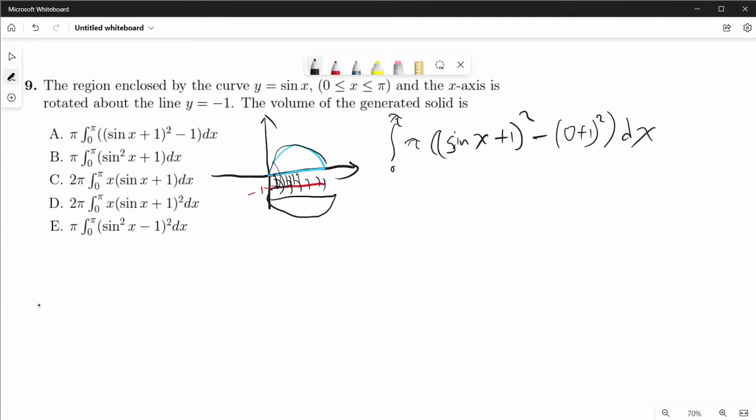All this is going to be dx, since every single little slice we're considering is changing in the x direction. So here, if we just ignore this 0, we'll see that this is just option A.